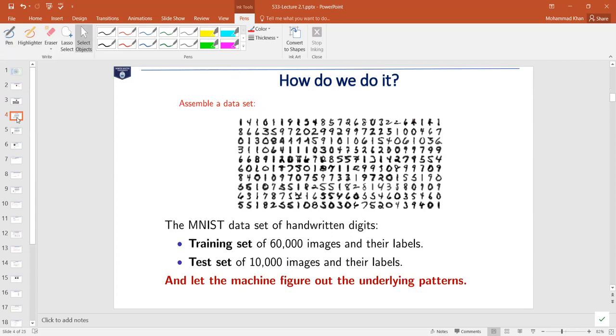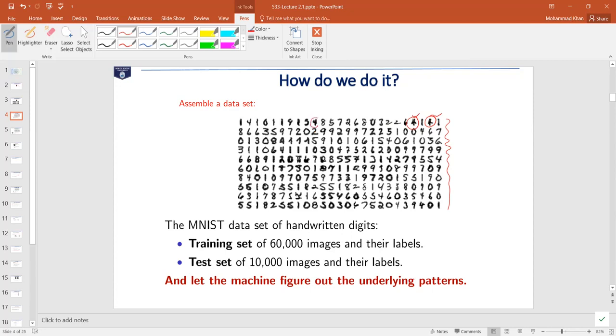So if we look at the dataset, we'll find examples like this. Some of them are easy to understand. Some of them are really hard to understand. For example, this digit we can say is 4, but any system can misclassify it as 9.